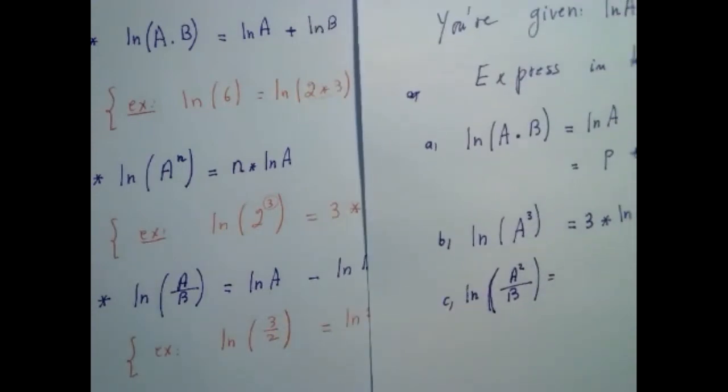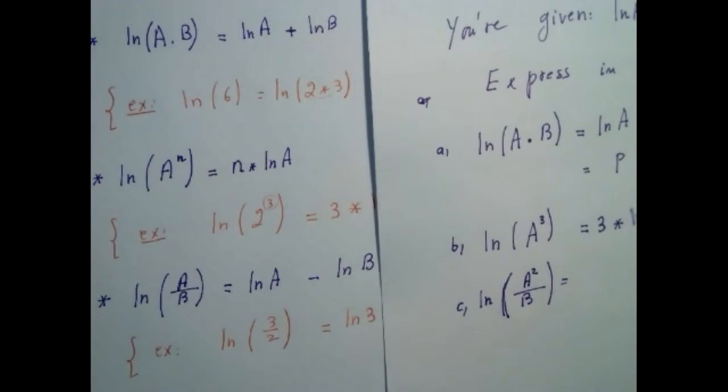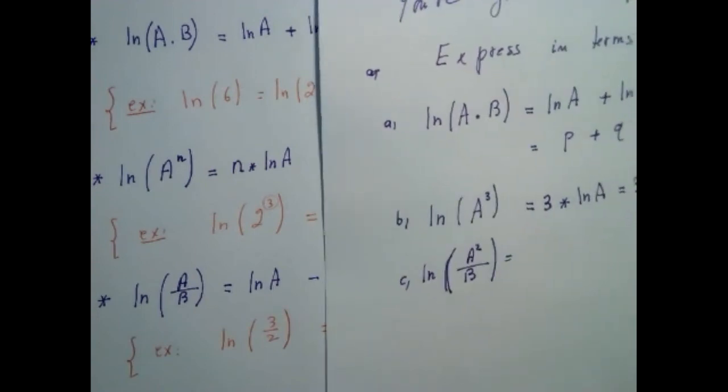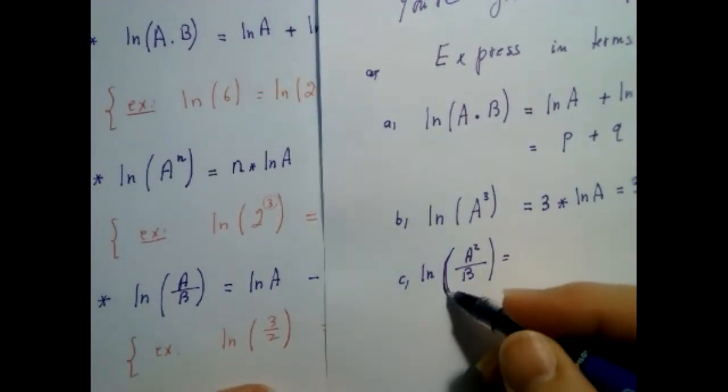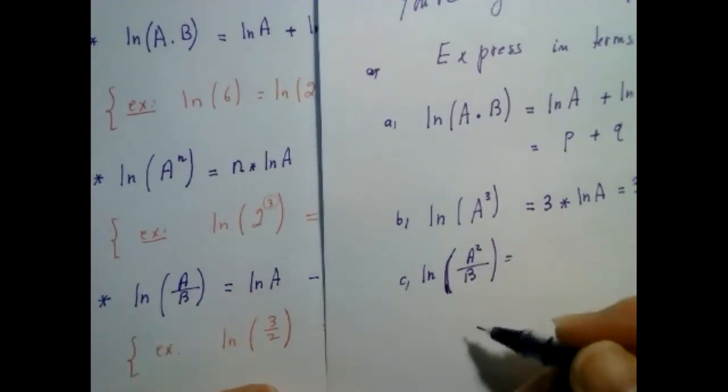The goal of this exercise is to practice those properties, and use them very slowly, and tell me what to write. So the input is the ratio between two numbers.